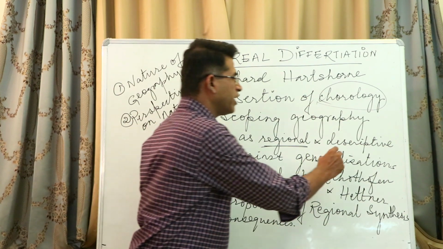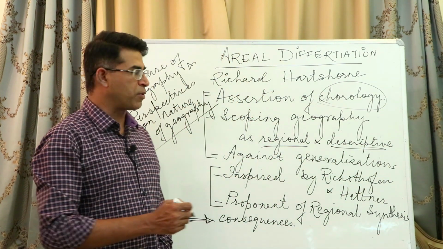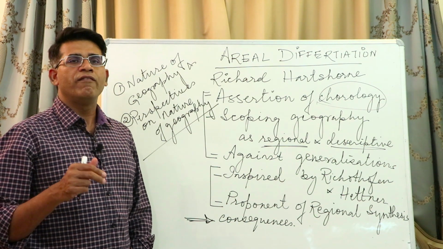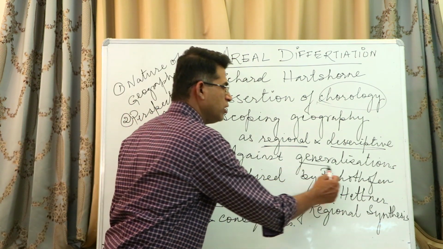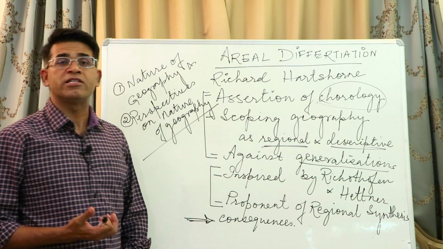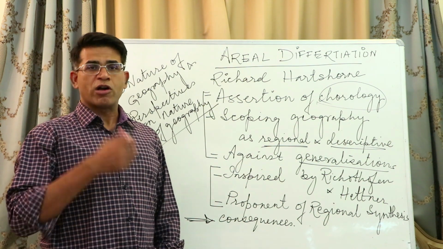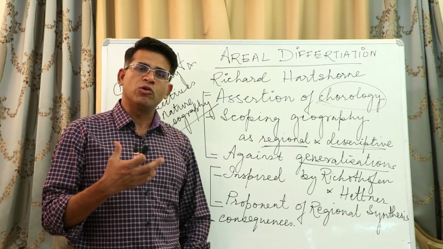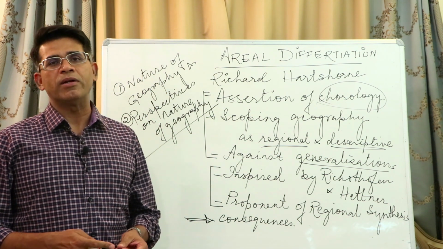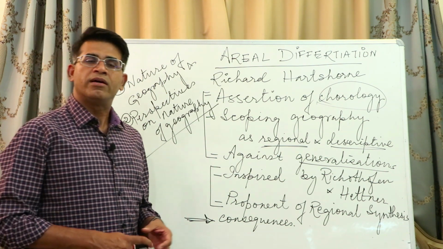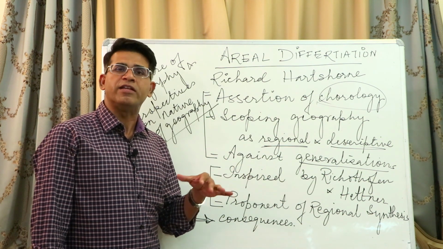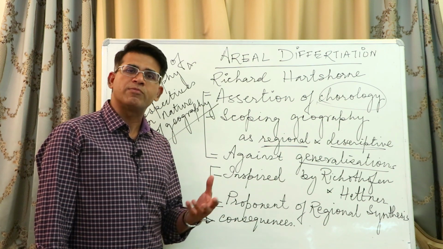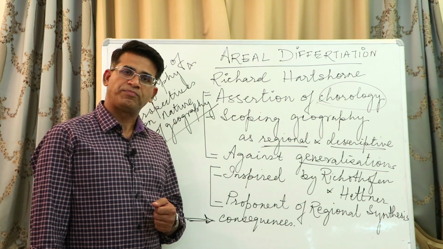Areal differentiation is descriptive in approach, as in we should not be making laws, we should not be using generalizations, we will not use mathematical methods and techniques, because those methods, becoming popular by the 1940s and 50s, were influenced by economics, were influenced by statistics and so on.